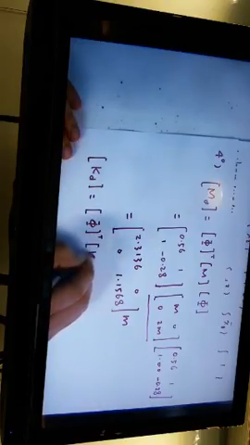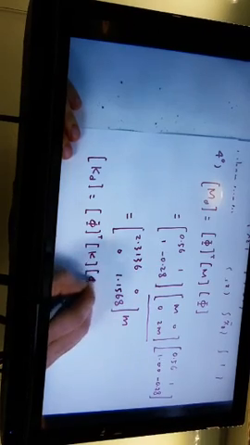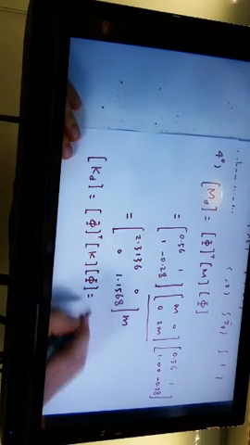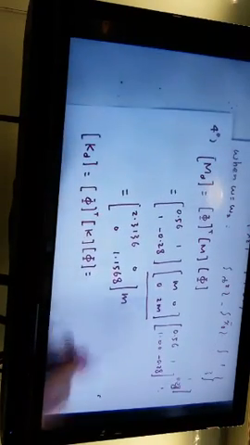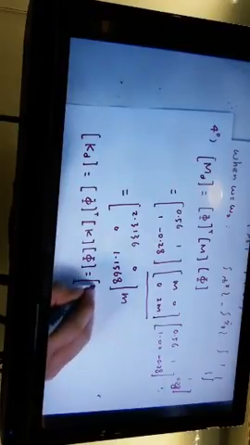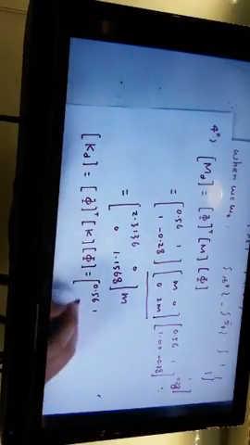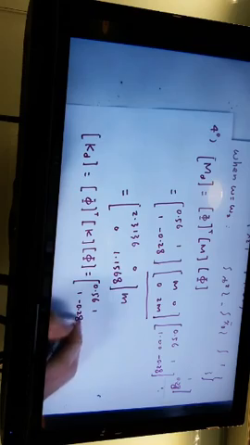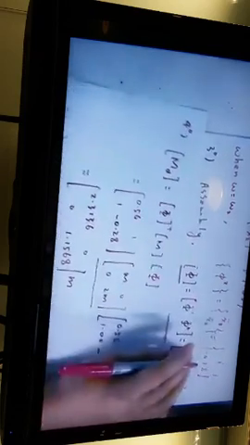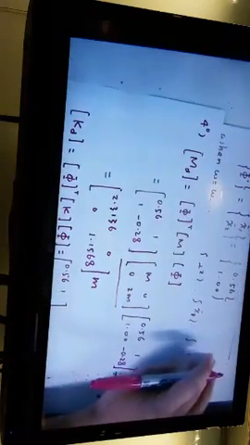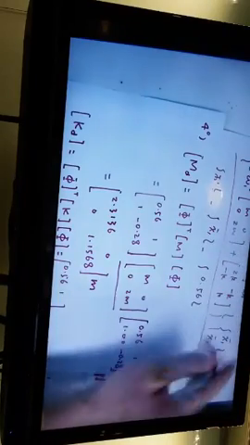Phi t, K, phi. Phi is the same. K is the stiffness matrix. So it's this one.